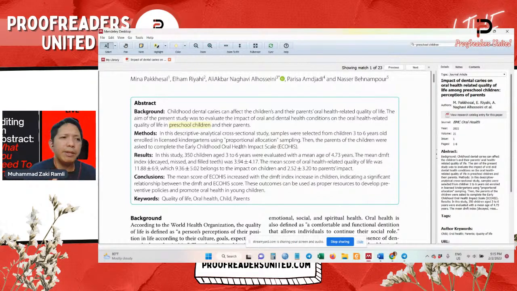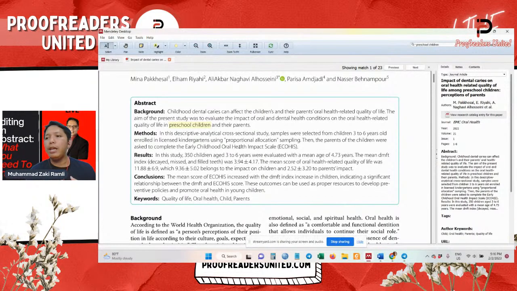Okay, for example, let me give you some examples while discussing this with you during the session. However, please take note, if that is the case, the proofreader will not be responsible anymore if such changes are not agreed by you.